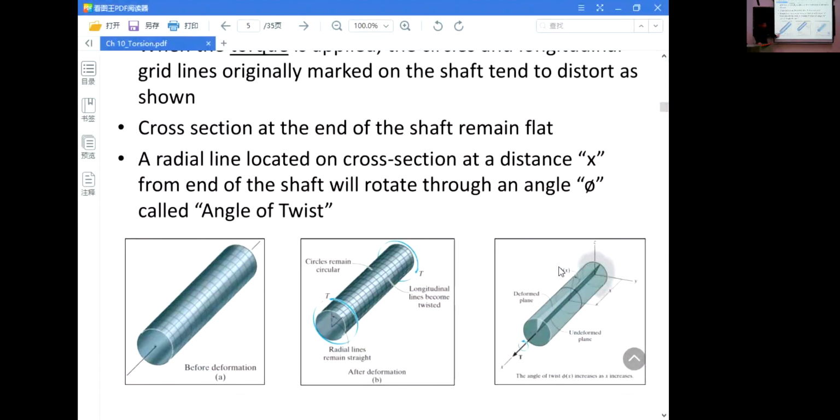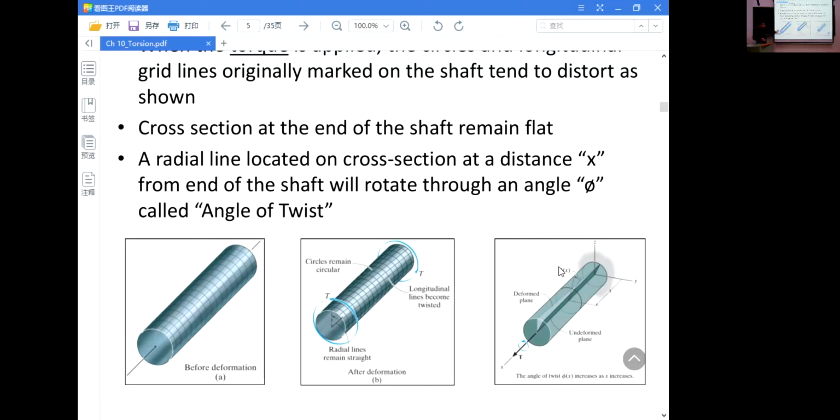If the rod is not a circular rod, for example a rectangular rod, if the torque acts on it, this line after deformation is not a straight line. After deformation, it will become a curve.